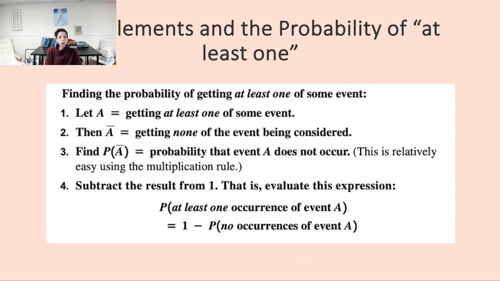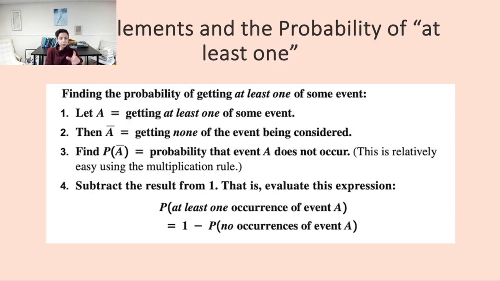So when we are trying to get the probability of getting at least one event, we can let A be getting at least one of some event. The complement of A is getting none of that event. And so the probability of the complement is the probability that A does not occur.